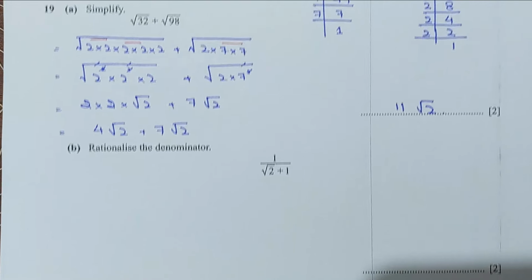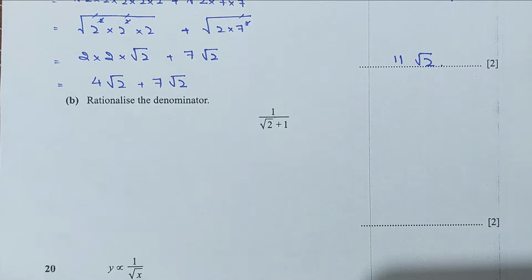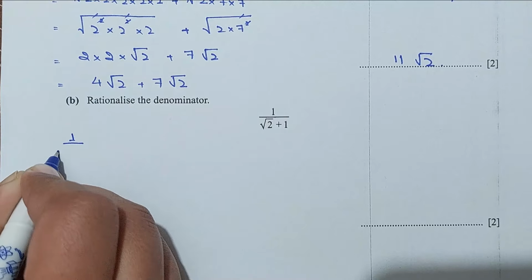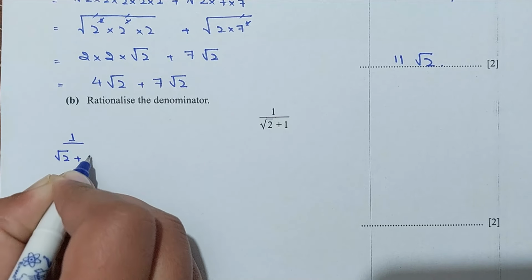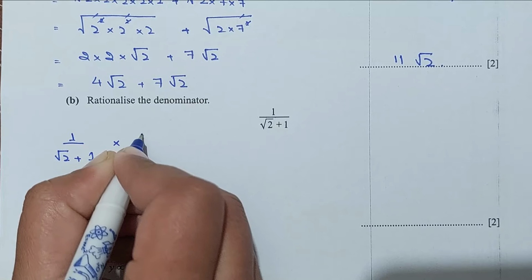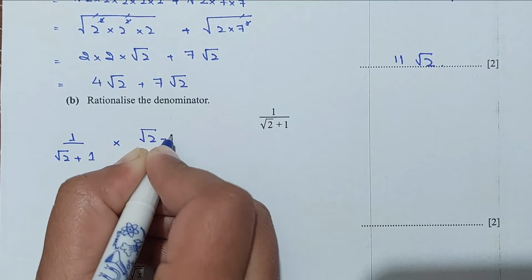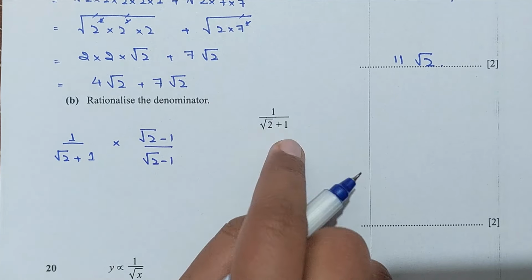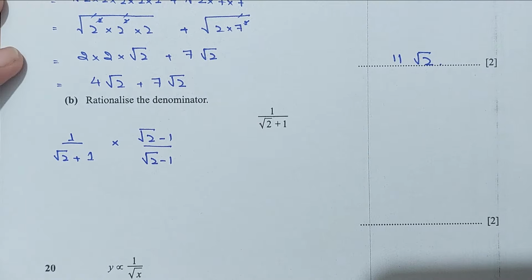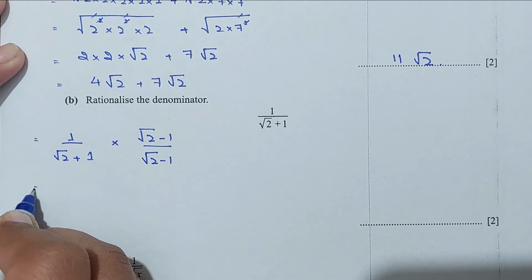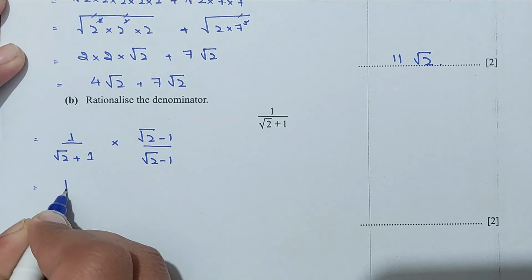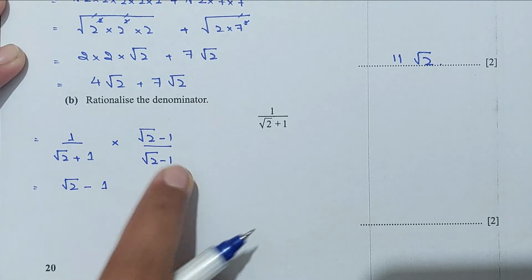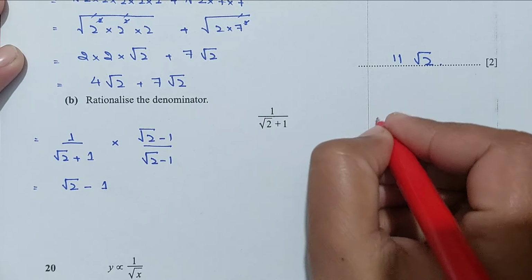Now for part B, rationalize the denominator. Whenever we are rationalizing the denominator, we have to multiply and divide by the conjugate of the denominator, which is root 2 minus 1 over root 2 minus 1. The conjugate is the opposite, right? Okay, and the next step, simplify. 1 times this quantity is root 2 minus 1. And this is a plus b and a minus b, that formula I'm going to use over here.